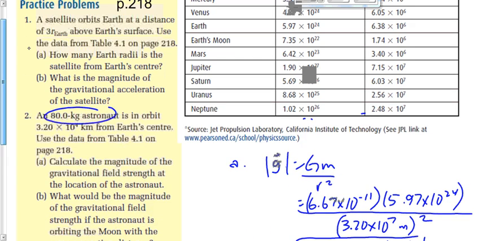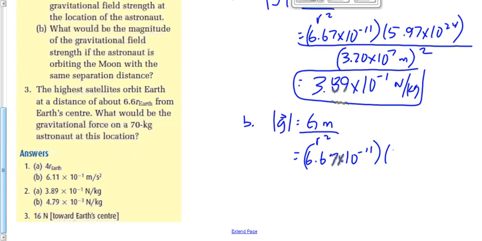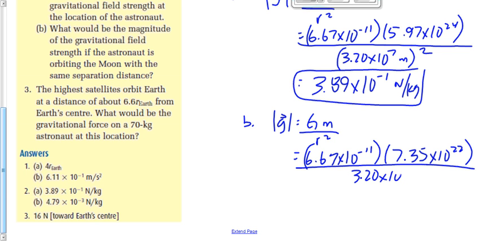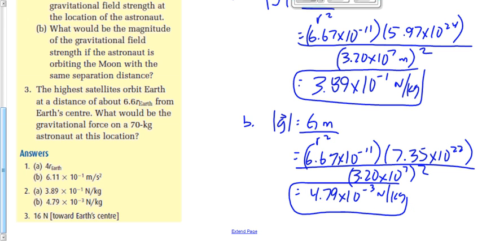Yeah, 7.35 times 10 to the 22, divided by the distance, the same separation distance, 3.20 times 10 to the 7. Square that, do that math, it should work out to be 4.79 times 10 to the minus 3 newtons per kilogram or meters per second squared.